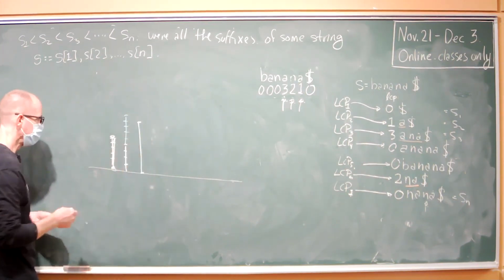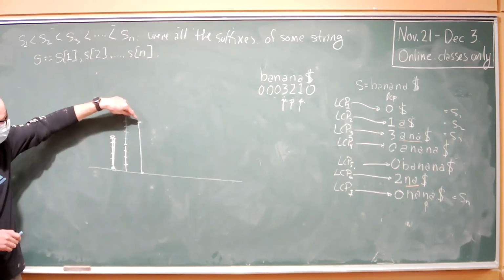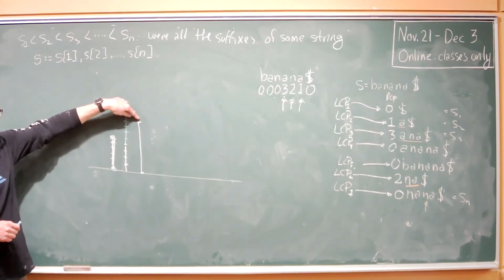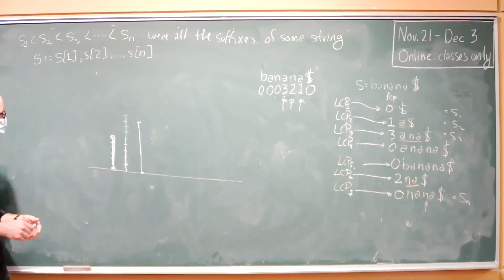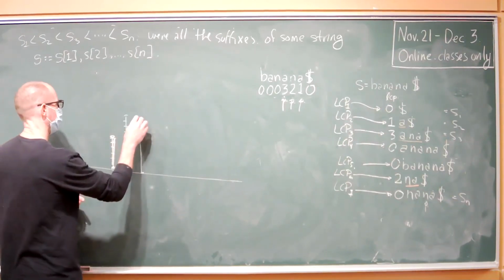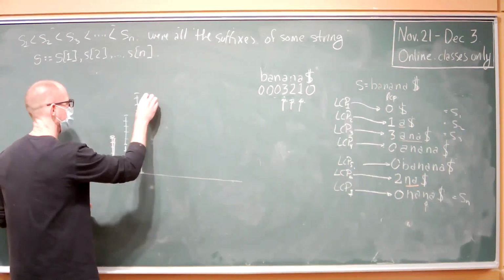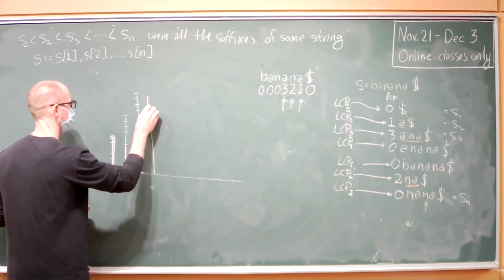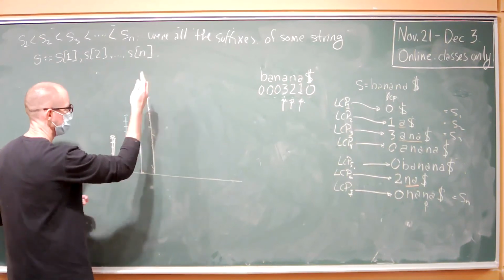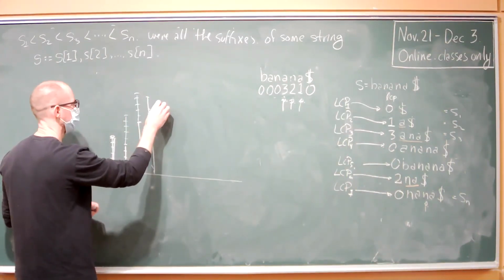Right? So the next comparison we are going to do is going to start at this position in the next two strings. And then we do some work, it goes up. And then it drops by at most 1. And then maybe it doesn't go up at all. It just keeps dropping.